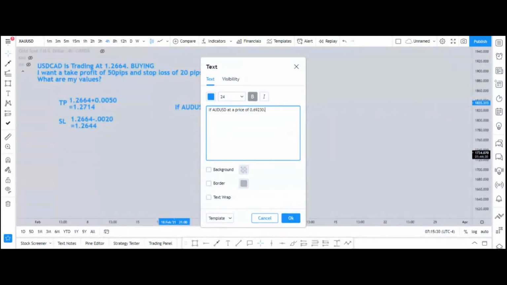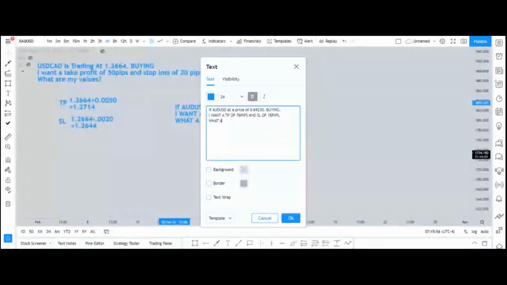We are buying. I'll put the buying big so everybody can see it. Now I want a TP, that's take profit, of 76 pips, and an SL, that's stop loss, of 15 pips.